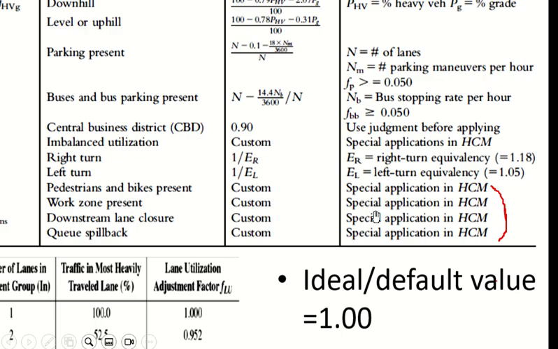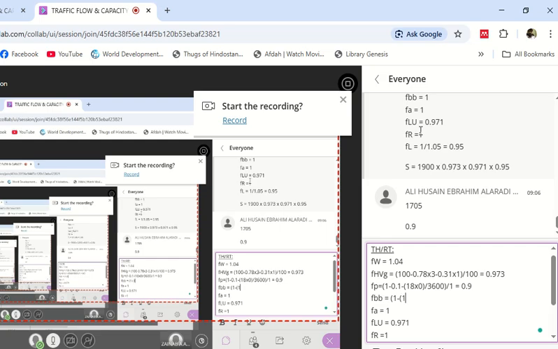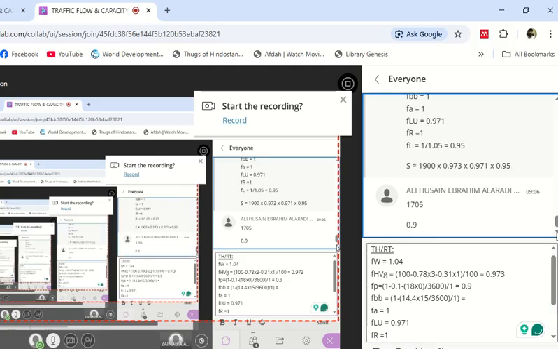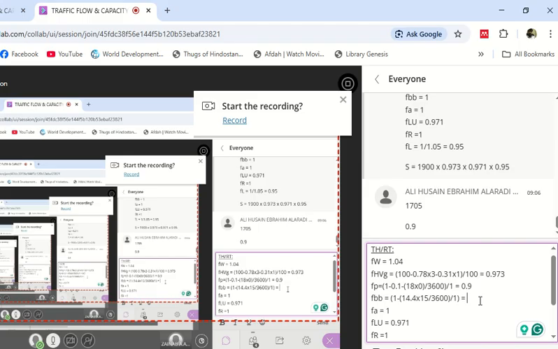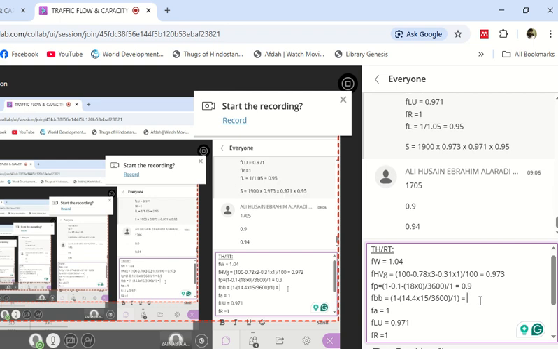One lane minus 14.4, 15 buses. How much is this? Okay, 0.94.